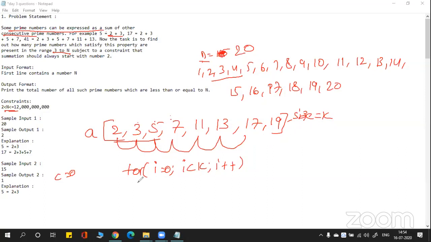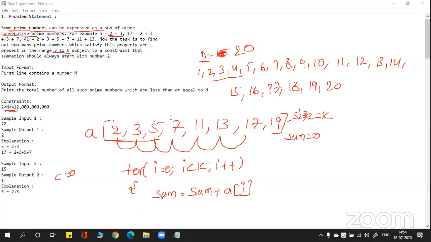Now what should I do? I should add all these numbers and then check whether their sum is a prime number or not. For that purpose, I'm taking sum initially, sum is equal to 0. Here I'll keep on adding: sum is equal to sum plus a of i.